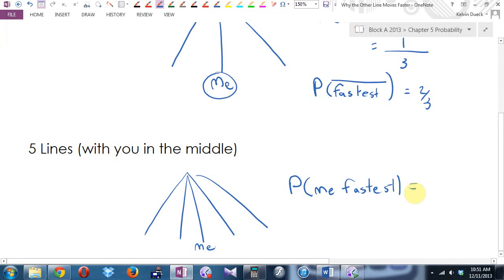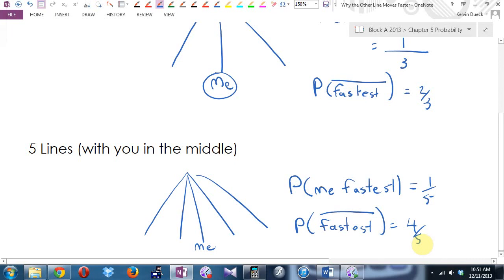What's the probability that your line is the fastest line now? 1 out of 5. So what's the probability that you're not the fastest? 4 out of 5 is a decimal, it's 0.8. It's 80%.